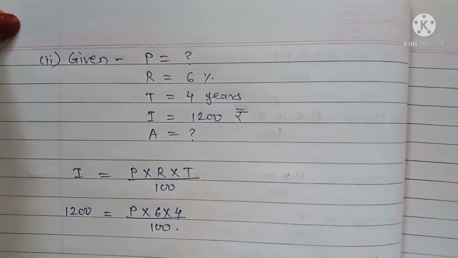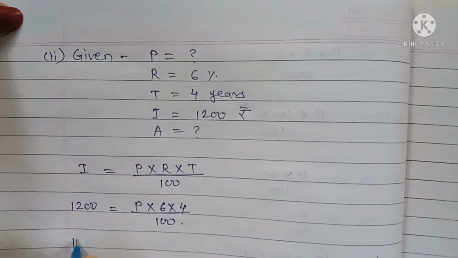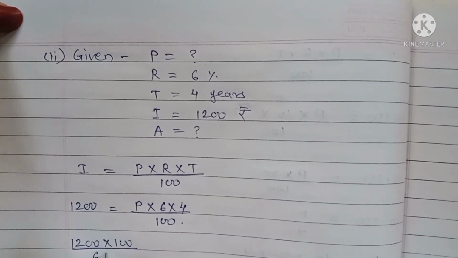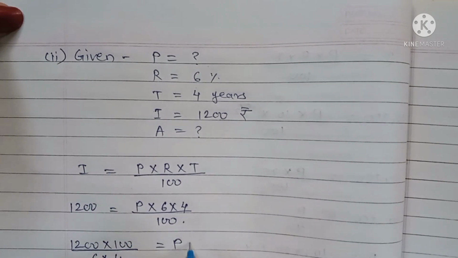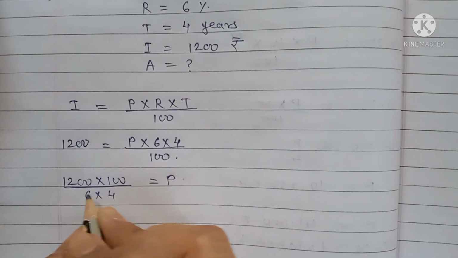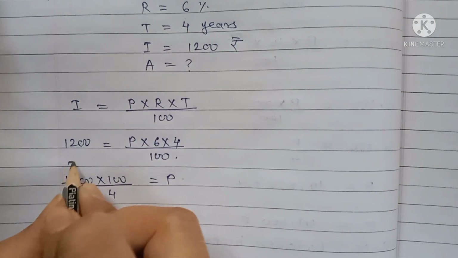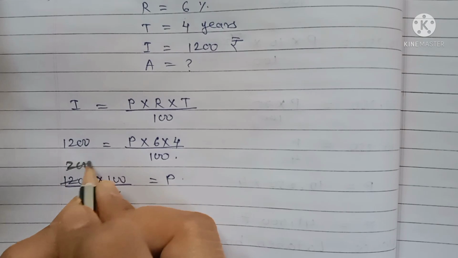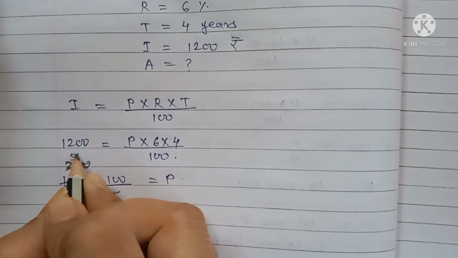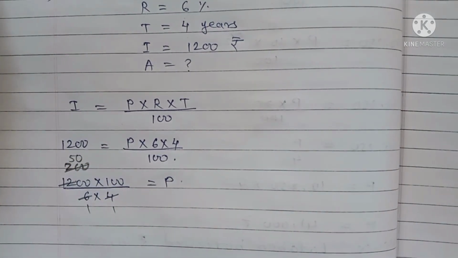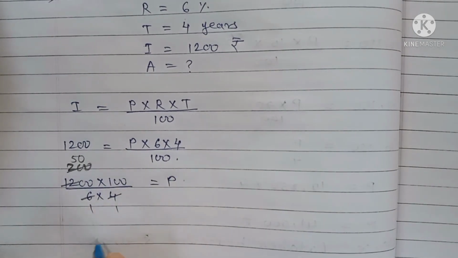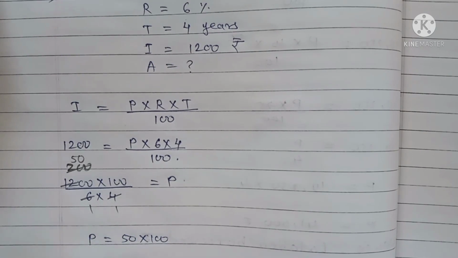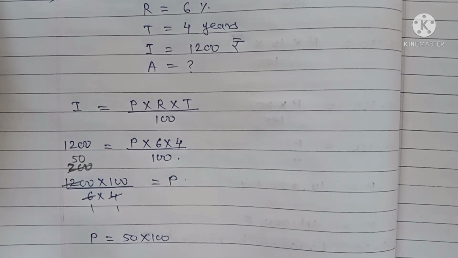Now 1200 multiply by 100 upon 6 into 4 is equal to P. 6 2s are 12, the 0s as it is. 4 5s are 20, the 0 as it is, means 50. P is equal to 50 multiply by 100, means P is equal to 5000.